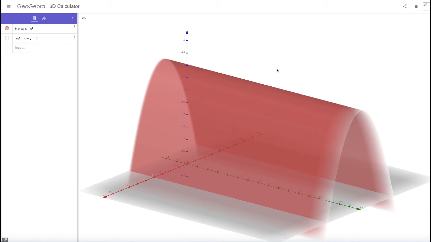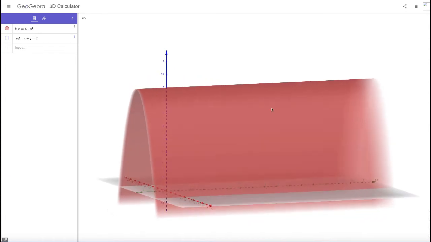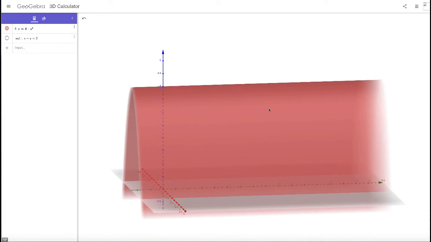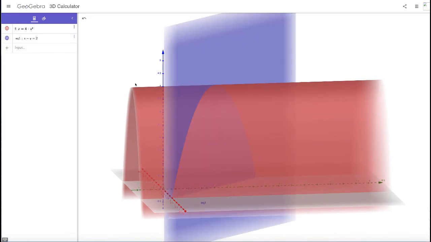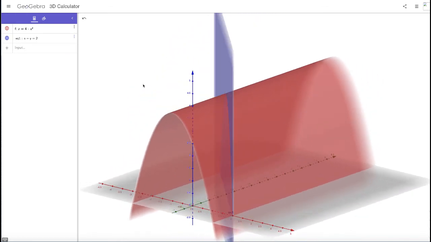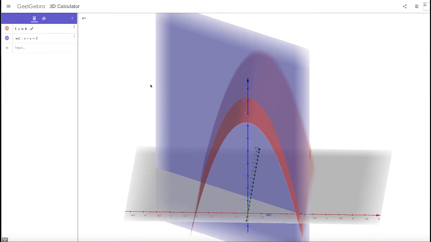So here's a quick look at the volume that we just found. So this is the original shape, just like I showed you with my fancy piece of paper. There we go. And then graph x plus y equals 2, which actually makes this plane right here. And then we were talking about quadrant 1.